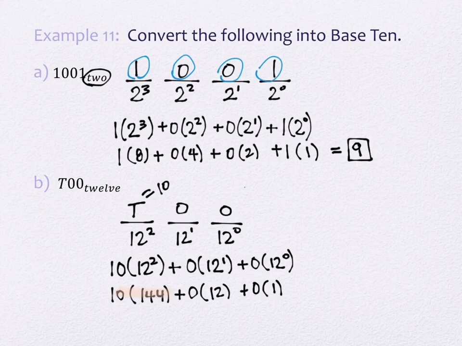So what is 10 times 144? 1,440. So again, what happened? Somebody walked into the room and they had 10 bags, and each bag had 144 marbles in it. That's 1,440 marbles. Are you all with me?